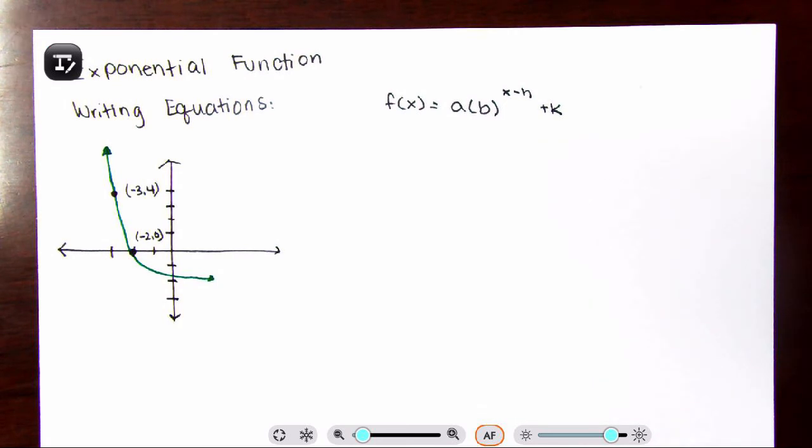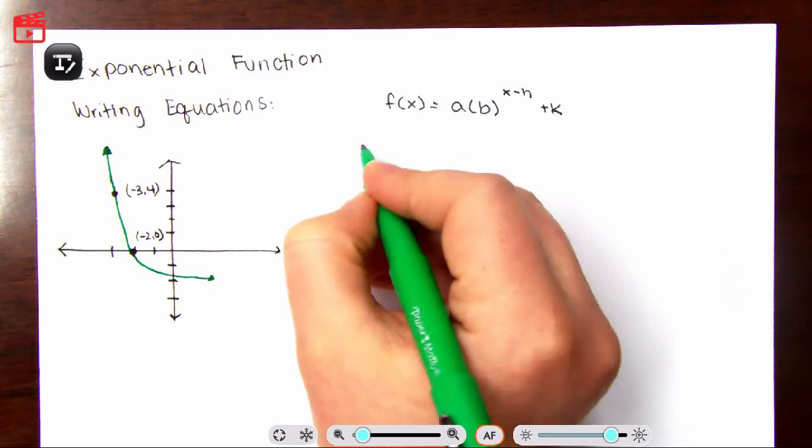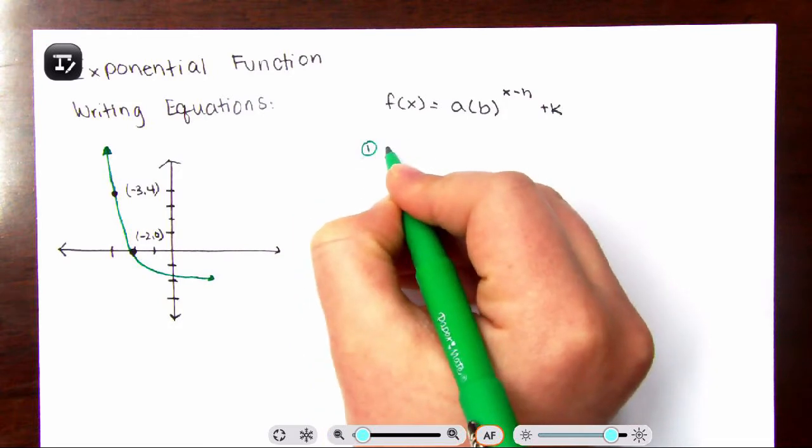Same thing, h is going to be your horizontal shift left and right, k is going to be your vertical shift up and down, your a value is going to be your vertical compression or expansion, and then b is going to be either an increasing or a decreasing function. So in this case, it is a decreasing function, so we know that the b value is going to be less than 1. And let's go ahead and follow the steps that were given in part 1 of this video.